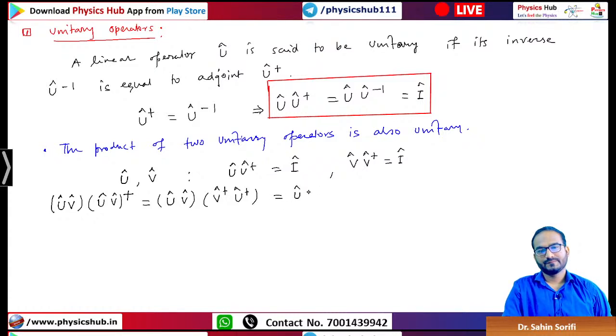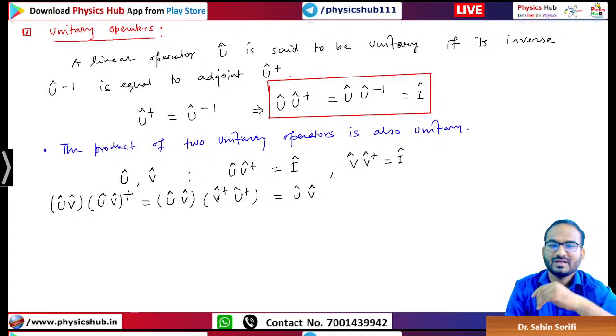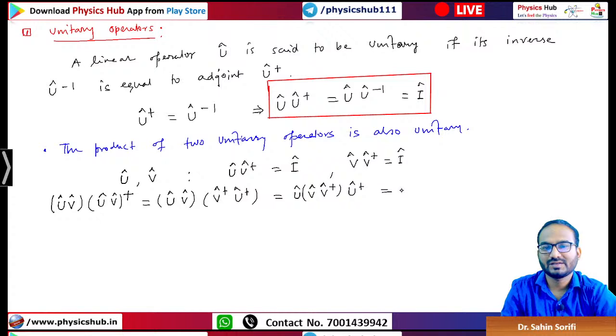UV (UV) dagger is equal to U V V dagger U dagger. V V dagger is identity, so it gives you U U dagger, and U U dagger is also identity, so you can say that the product of two unitary operators is also unitary.